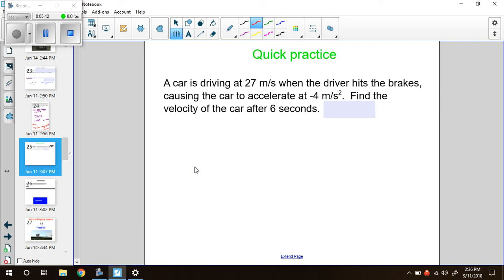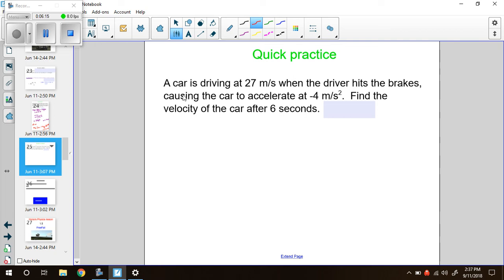So if you were going backwards, for example, and your velocity was increasing in the backwards direction, in other words, becoming more negative, and then you were to hit the brakes, then you were slowing down, but your acceleration would be positive. So instead of going from a positive velocity to 0, it'd be going from a negative velocity up to 0. So just something to keep in mind. Try to use the word accelerate and not decelerate because that could confuse you later on the road.